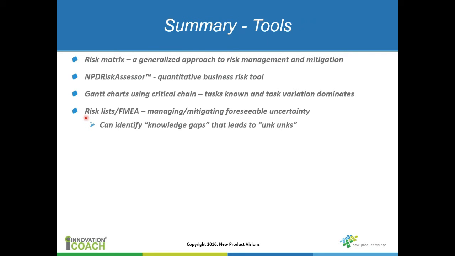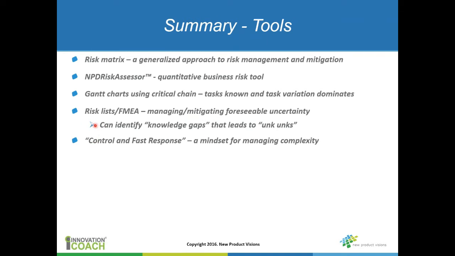On top of that, if you've got foreseeable uncertainty, then you're going to use things like risk lists and FMEA. That's what these tools are all about: trying to manage and mitigate foreseeable uncertainty. And it's really out of this analysis that you're going to identify these knowledge gaps that might point you in the direction that you've got unknown unknowns.